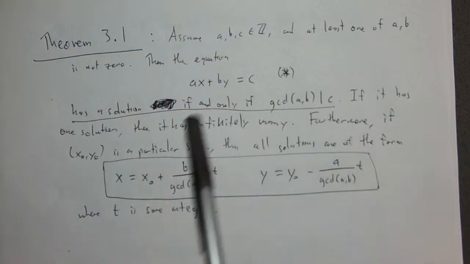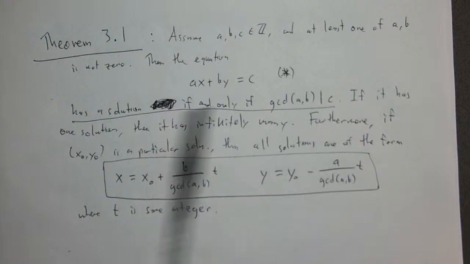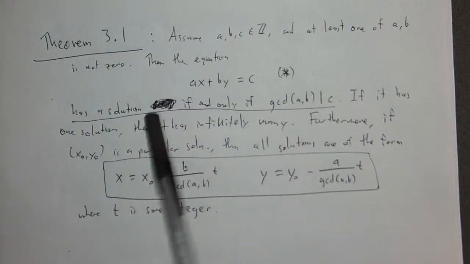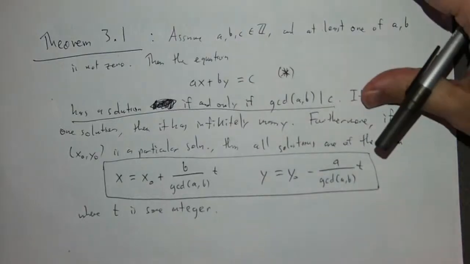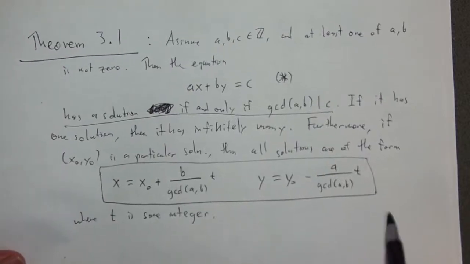So we had shown the first bit, we'd shown that a solution in this form is always a solution, and we'd shown that when the GCD of A and B divides the right-hand side, then this has a solution. So the only thing that's left to show is that the solution always is in this form.